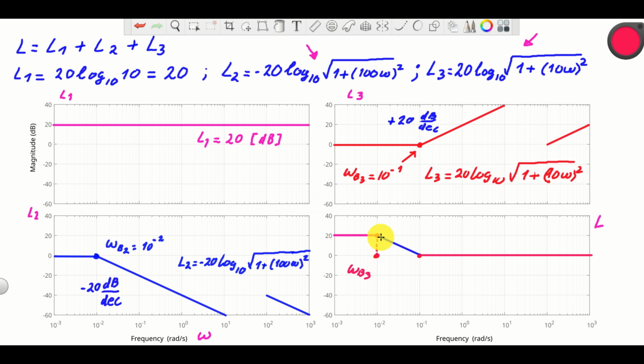It decreases the function L with a slope of minus 20 dB per decade until our third break frequency, the break point over here, where this plus 20 dB per decade of this function cancels this minus 20 dB per decade and makes the graph horizontal again, and that's it. This is the asymptotic approximation of L.